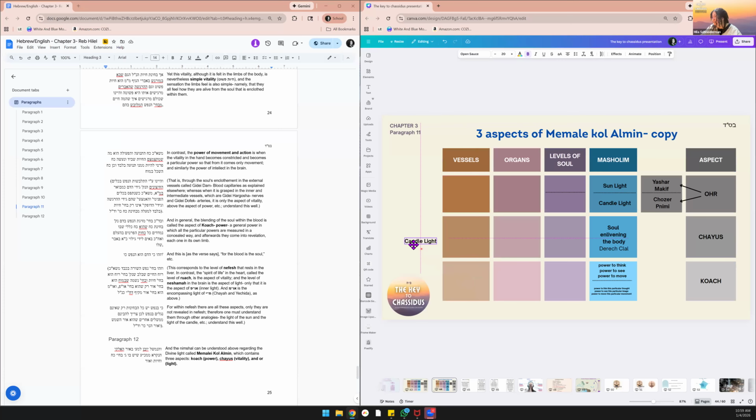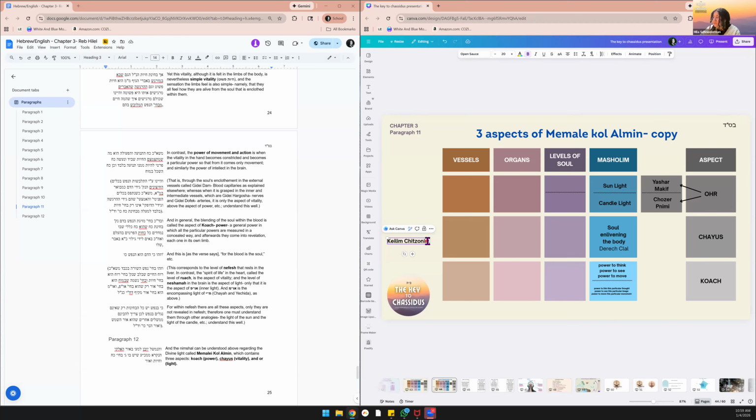Now, you know what? I'm going to do it. Well, I know that it goes down there. He didn't tell it to us yet, so we're going to put it on the side. So we just write kelim chitzonim. Okay, let's go back to the text. This is through the soul's enclosement in the external vessels called gidei dam.